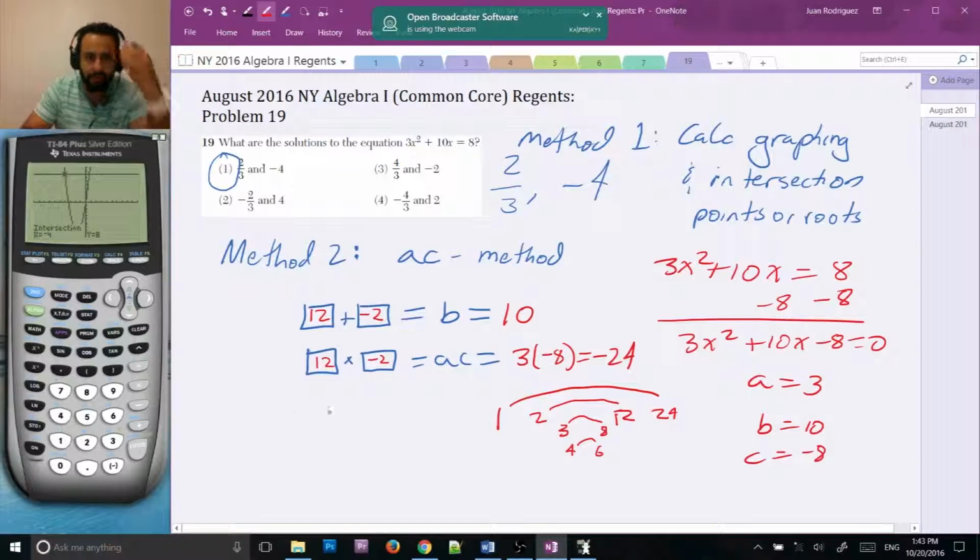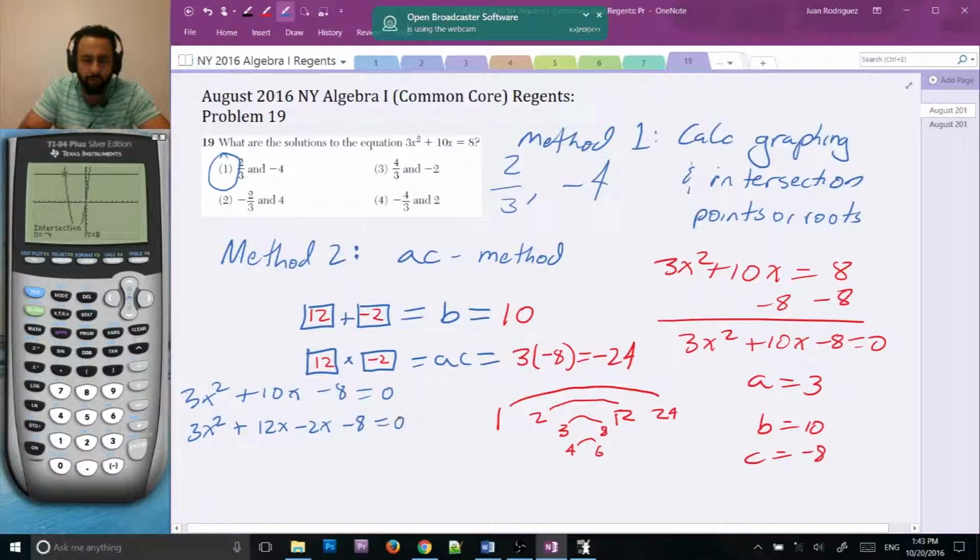How are we going to use this? 3x squared plus 10x minus 8 equals 0. We're going to use these two numbers to separate 10x into two parts: 3x squared plus 12x minus 2x minus 8 equals 0. Why did we do this?